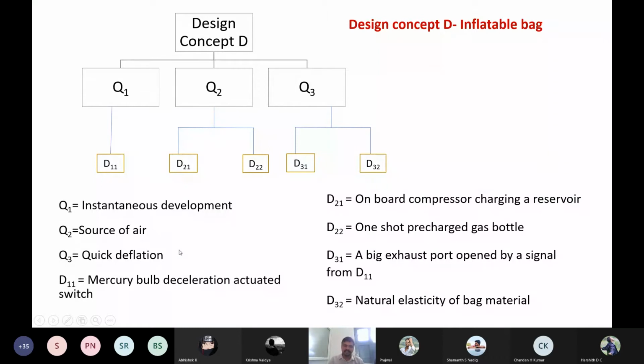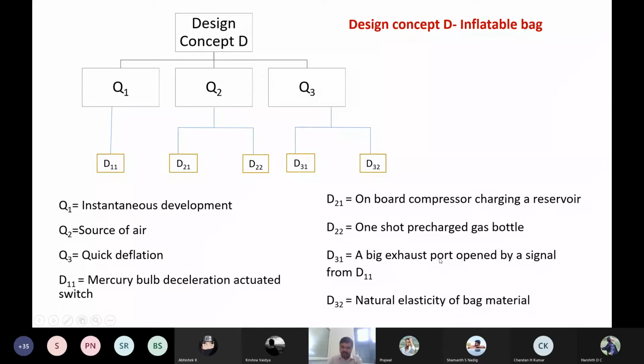Next, consider Q3, that is quick deflation. That means when there is an accident, the airbag should immediately deflate. It should get opened. For that there are two solutions. One is D31, a big exhaust port opened by a signal from D11. We know there is a sensor. That sensor should detect what has happened and send a signal to D31, so that it results in quick deflation of the bag.